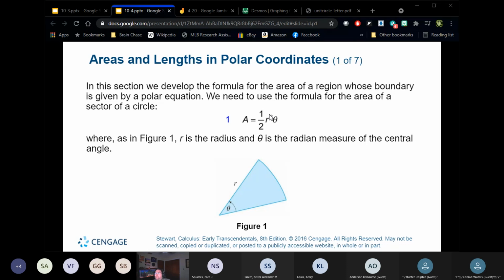The circle would be pi r squared, and theta allows us to do any of the central angles. In this case, that would come up with the area of the sector. The problem is if my radius is changing, it's not just a simple little formula. My radius is going to actually be a function there. And then to find out my area under it, we actually have to do the integral of that because it's going to change as the r changes.